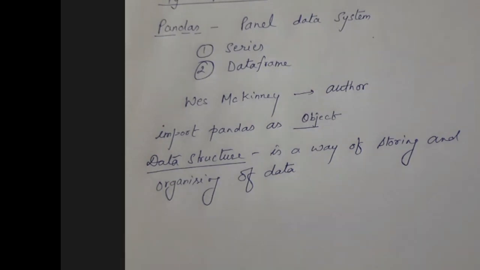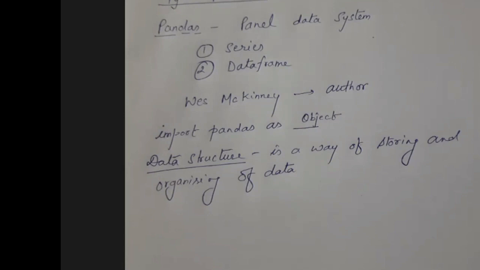In that way, the librarian keeps the books so that he can search them fast, right? That is the way data structure works here. How do we store the data so that we can access and retrieve it fast? That is the purpose of data structure.